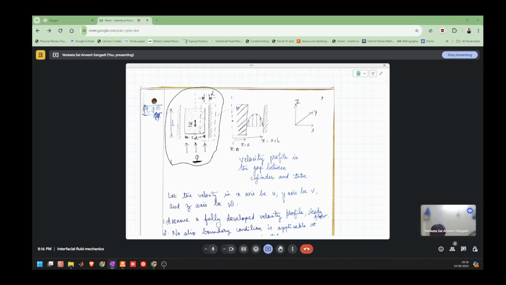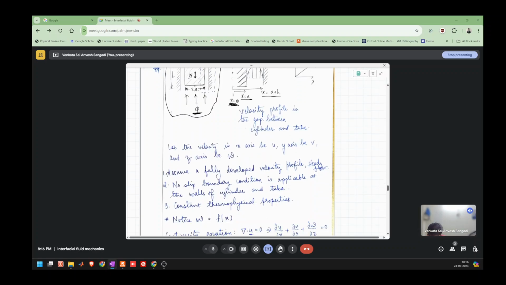Then we take the axis to be 0, and the point at which the cylindrical block ends is x equal to a, and the wall is at x equal to a plus h. So the coordinate system is x, y, and z.